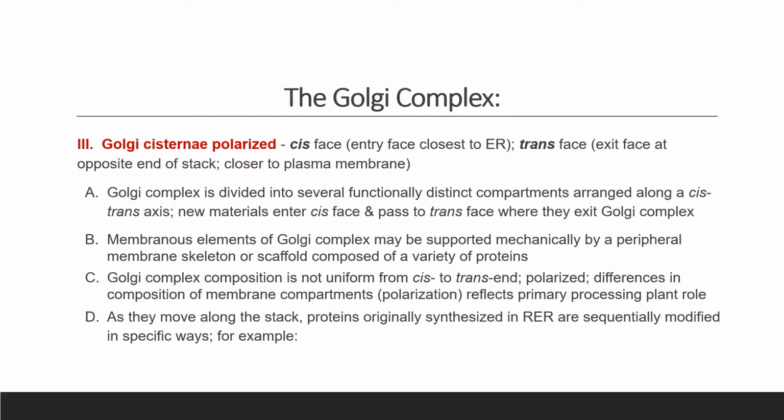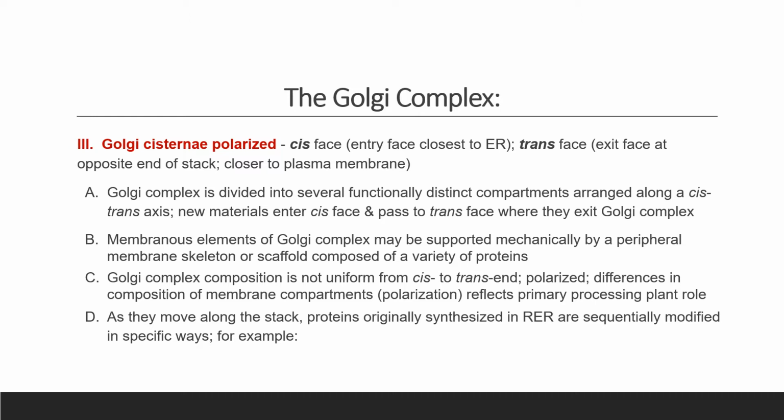The Golgi complex has polarized cisternae. It has a cis face, which is the entry face closest to the ER, and the trans face, which serves as the exit at the opposite end of the stack, closer to the plasma membrane. Membranous elements of the Golgi complex may be supported mechanically by a peripheral membrane skeleton or scaffold composed of a variety of proteins.